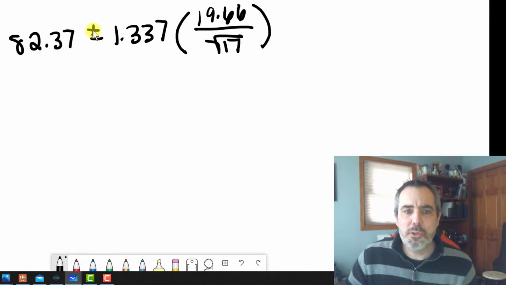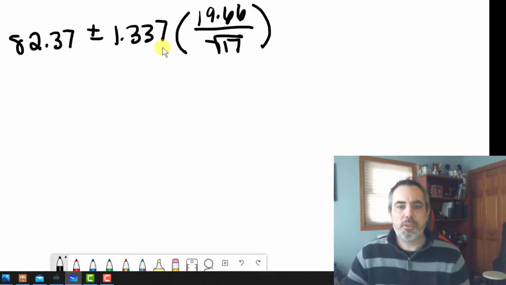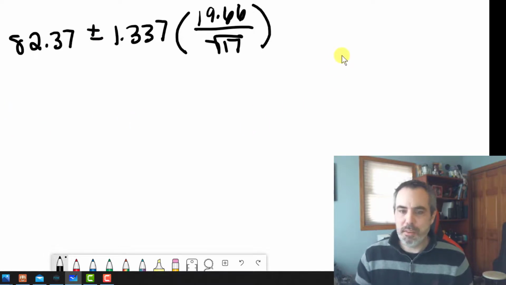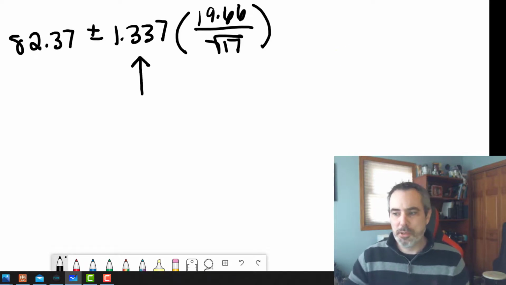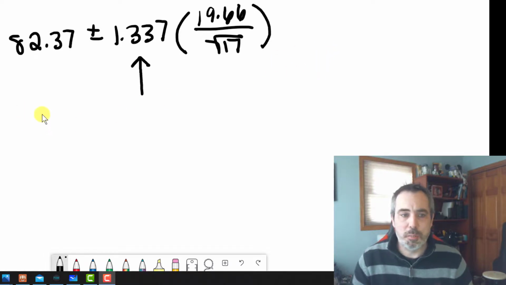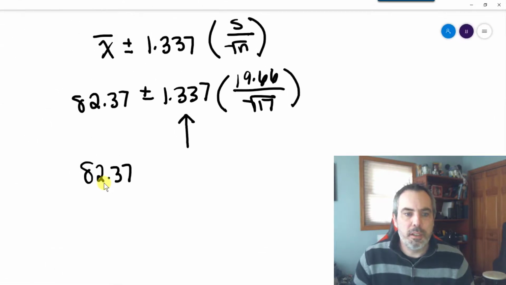So I'm going to take a moment just to put this together. And remember, there are two problems here: adding this 1.337 times this quantity and subtracting it. So I'm going to get a high end and low end. But the first problem was actually asking about that critical value. 1.337 was the critical value that we're going to use. All right, assuming that I've done my multiplication correctly, I have 8237 plus or minus 6.38, and I'm just going to round this off.